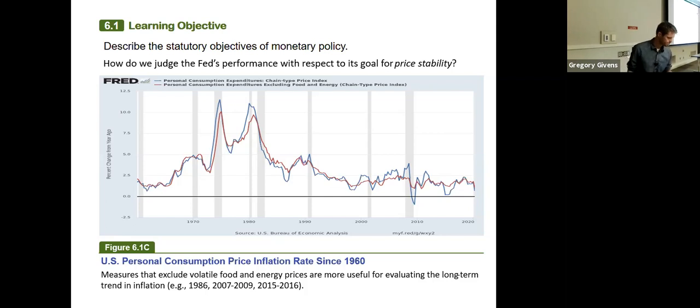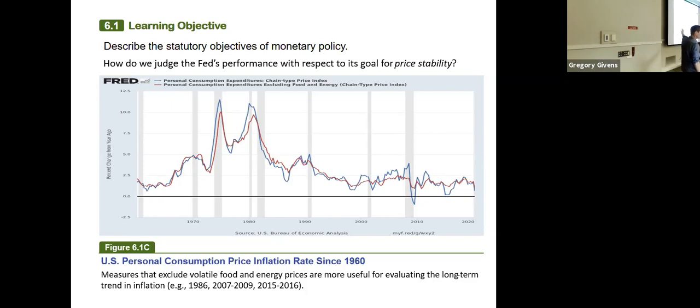Okay? All right, so are we clear then on what the dual mandate is in theory and how the Fed interprets it in practice? I can assure you on your exam, you will have a question or questions that ask you to explain or identify what the dual mandate actually means.